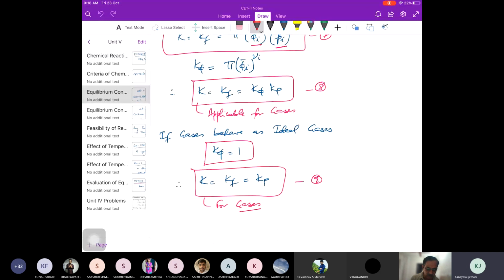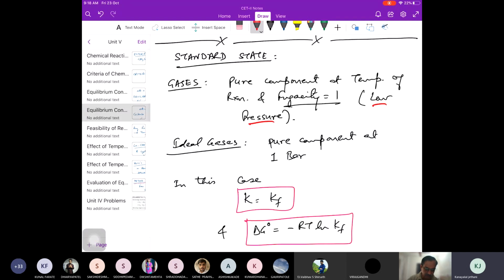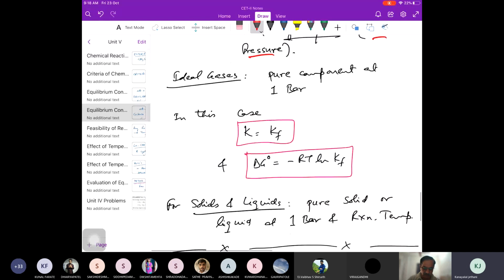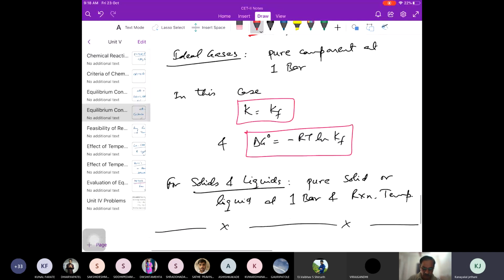Yes, we have defined Kf equal to K for gases. Ideal gases के लिए Kfi is equal to 1, so K is equal to Kf. And we can write delta G0 is equal to minus RT ln Kf. And for solids and liquids, the standard state is pure solid or liquid at 1 bar and reaction temperature.